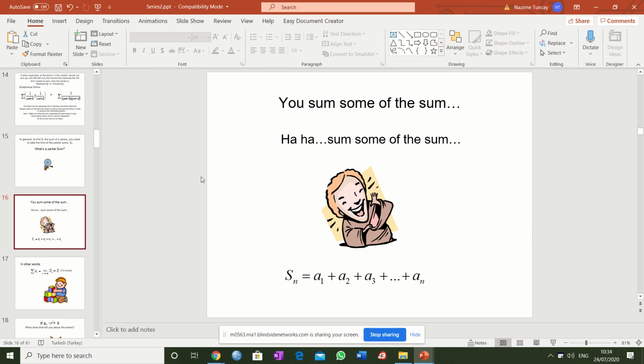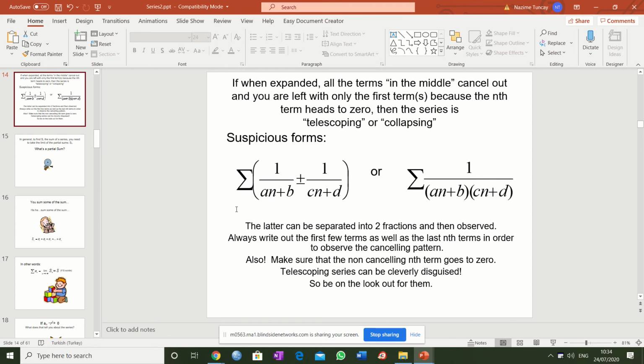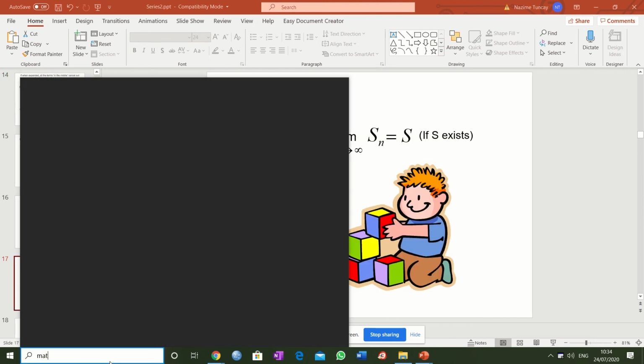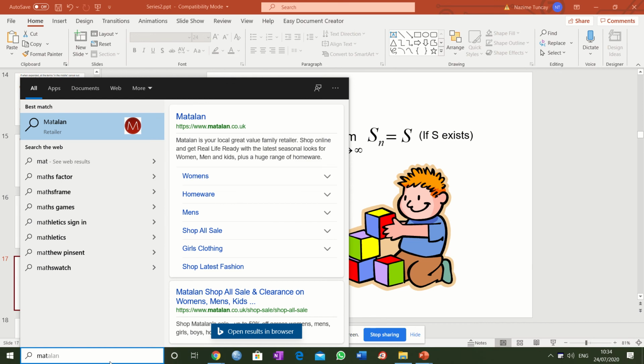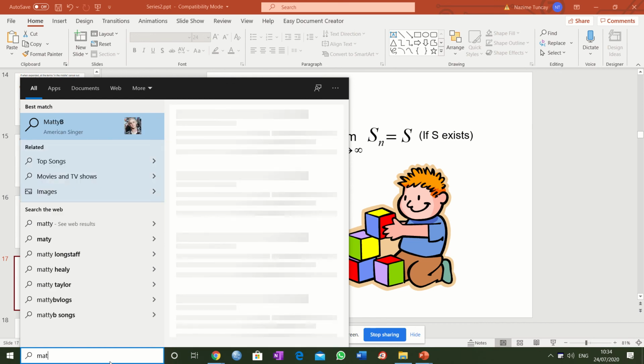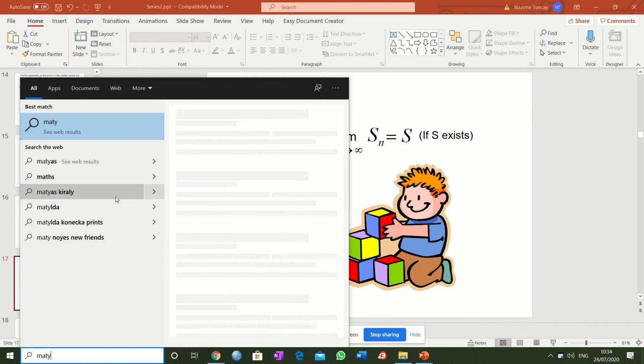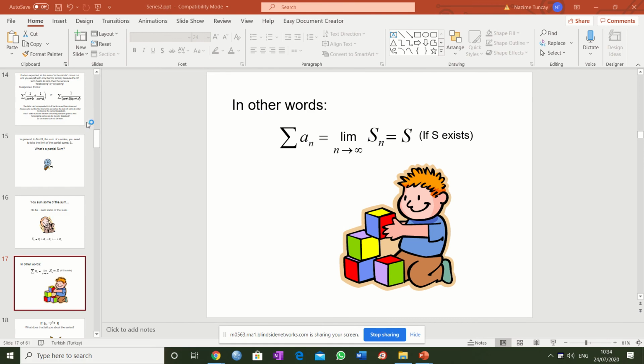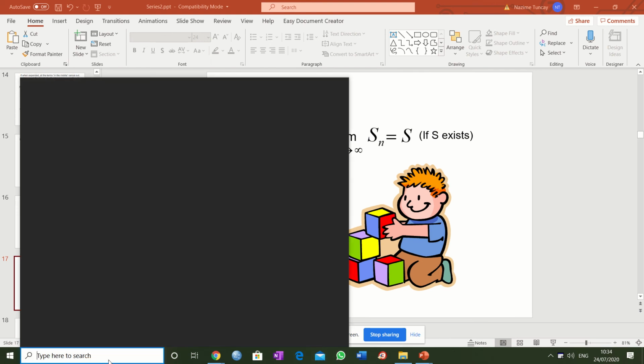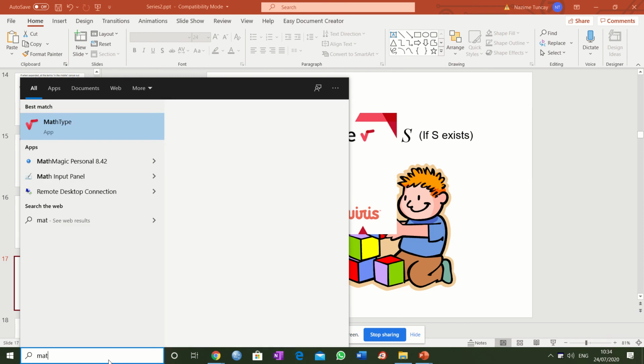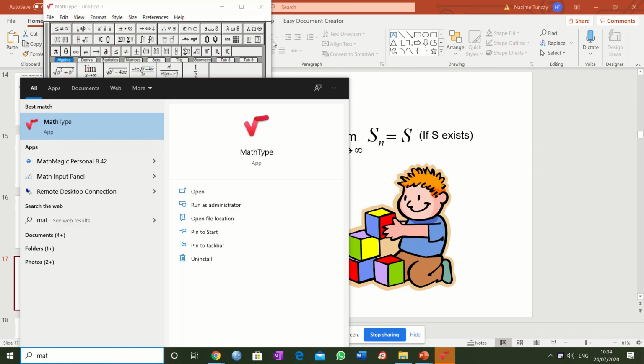I need to write again. Let me open my notes. Yes, I opened it.